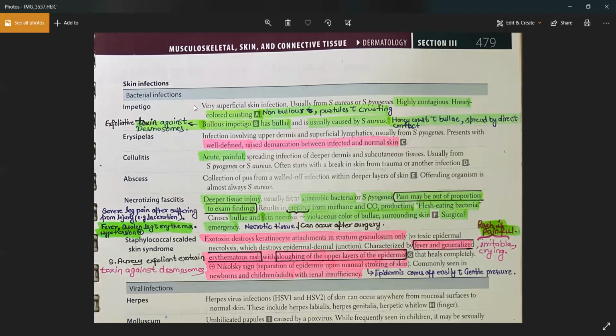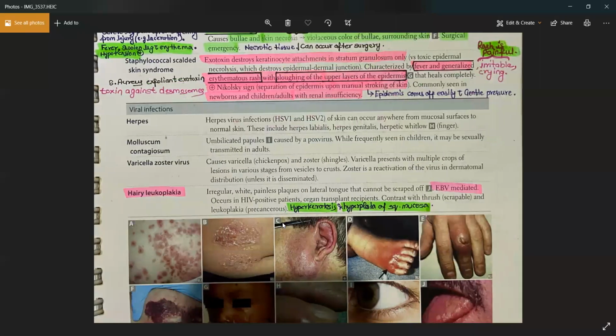Then you have erysipelas, and this condition also affects your lymphatics, right? The condition will also infect the lymphatics, and it will appear as a very well demarcated raised lesion between the infected and the normal skin. As you can see, this is the normal skin, this is the infected skin. Patient will have a very well demarcated border and a very raised lesion.